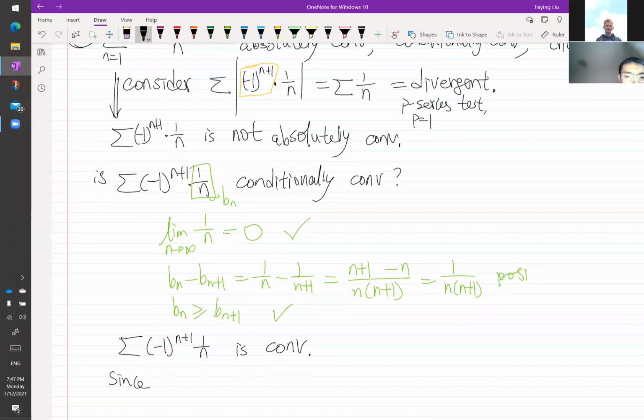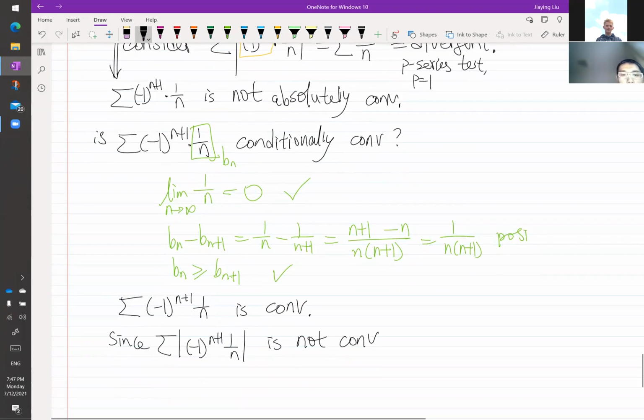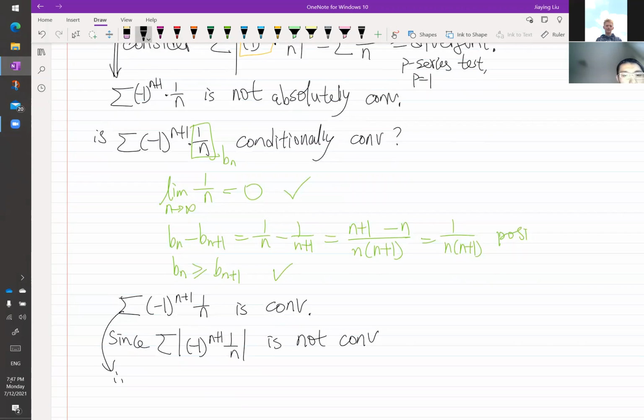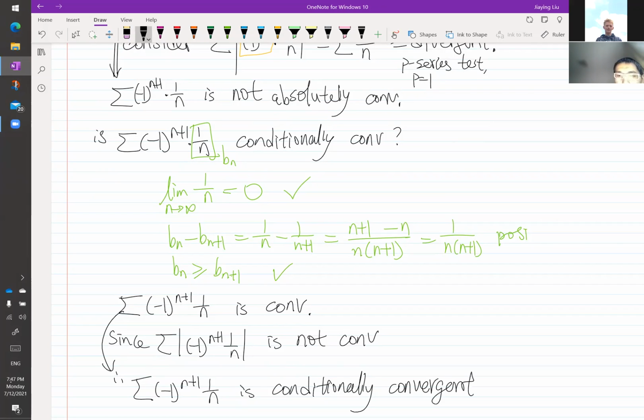So since the absolute value of this series is not convergent, therefore the series we had that's convergent, we call it conditionally convergent. So that's a conclusion.